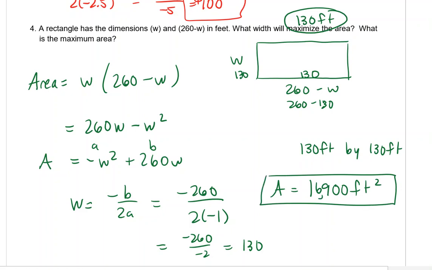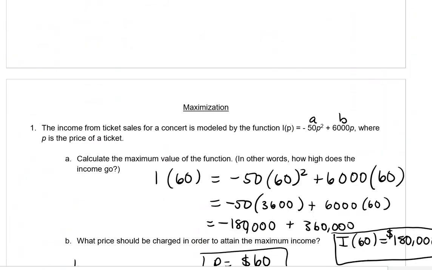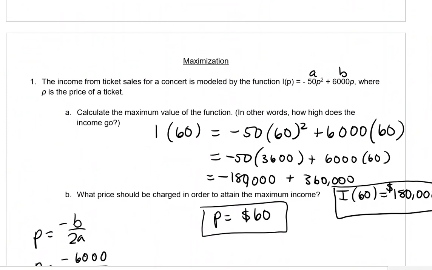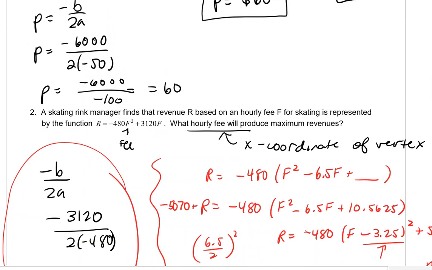So our first type of word problems have been these maximizations. On any of these maximization problems, I have quadratics that are opening downward, and we're finding where this hill is, to maximize profit or income that comes in from things.